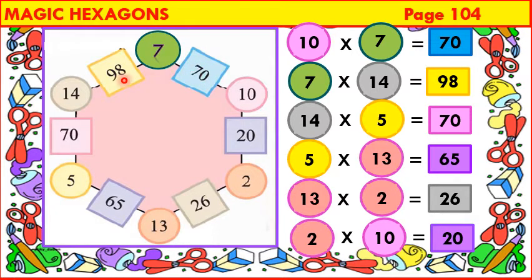See here, these 2 circles are next to the box containing 98. 14 sevens are 98. Then 14 fives are 70. 13 twos are 26. 10 twos are 20. So the numbers given in these boxes are multiplication of numbers present in circles next to it.